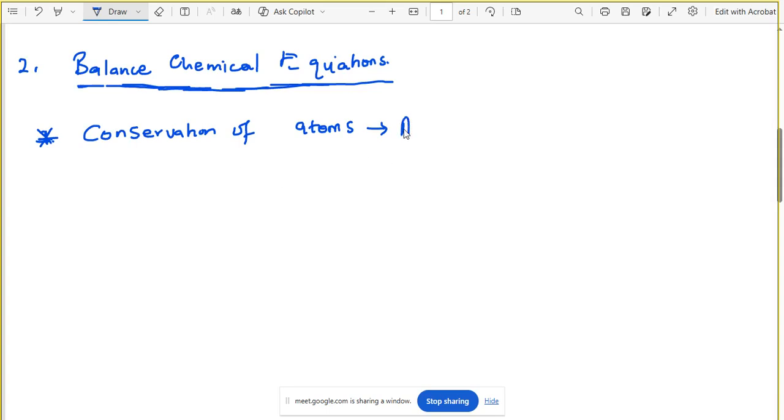So tell me, according to this statement, what do you think we are referring to when we say atoms cannot be created or destroyed? What is your understanding of that statement?